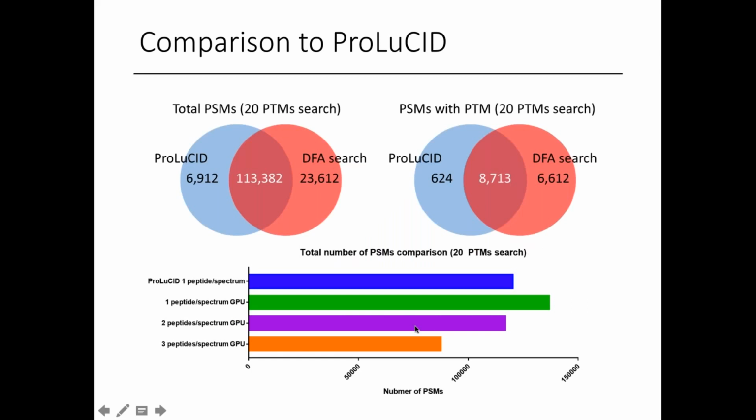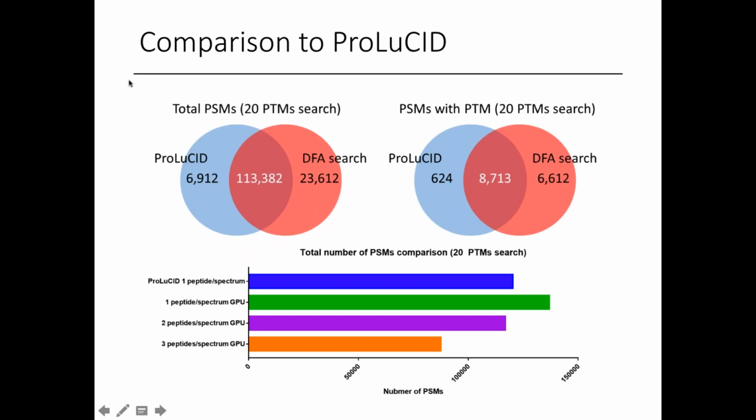So here's the comparison of the total IDs with 20 PTMs. In ProLuCID, we identified in total almost 120,000 peptides. Sorry, not peptides, that is PSMs. 120,000 PSMs, and with the DFA search, we identified almost the same, slightly more than ProLuCID, with the same data set.